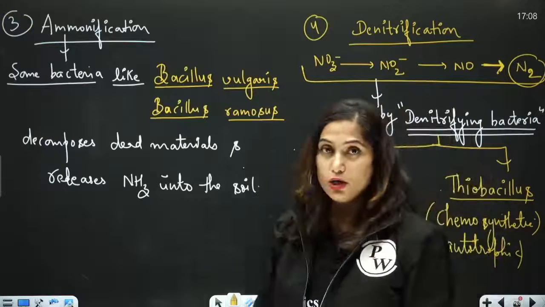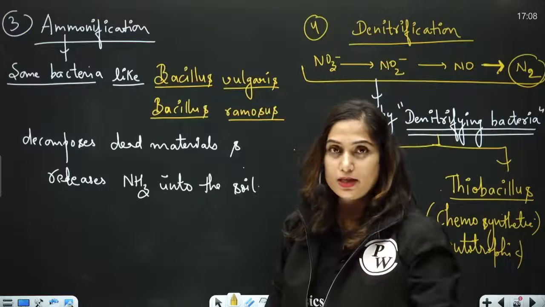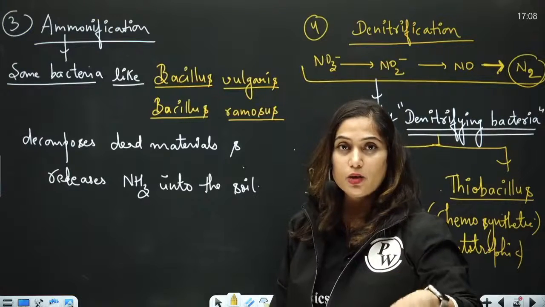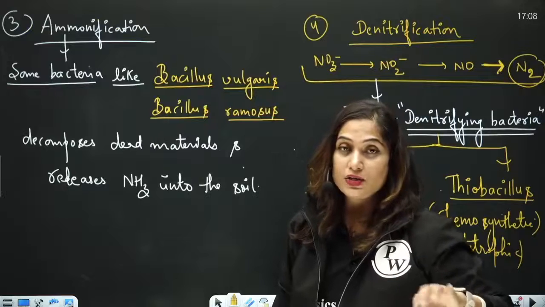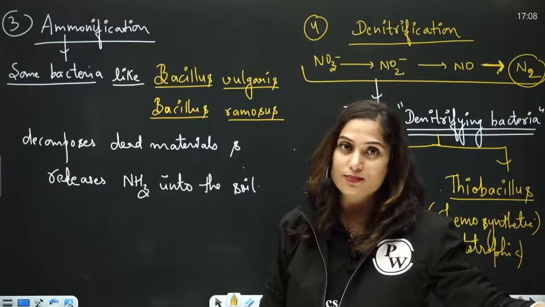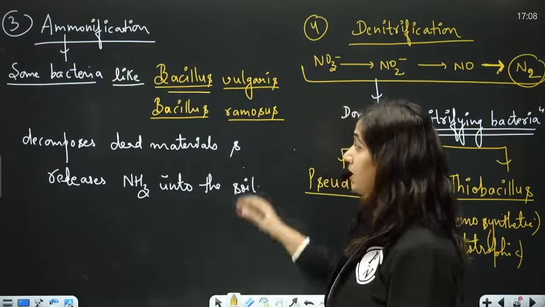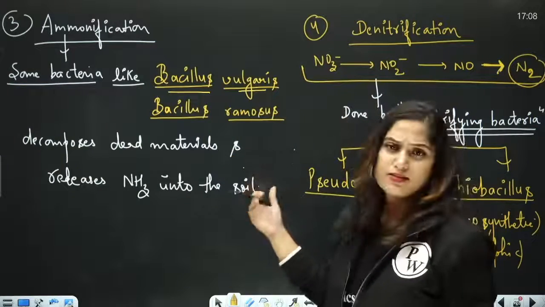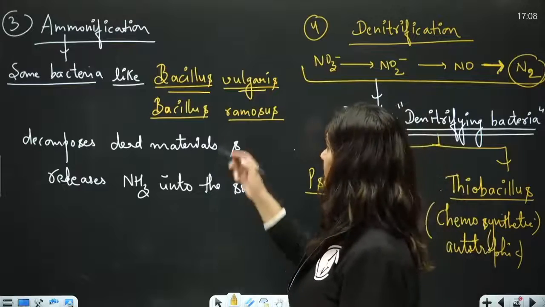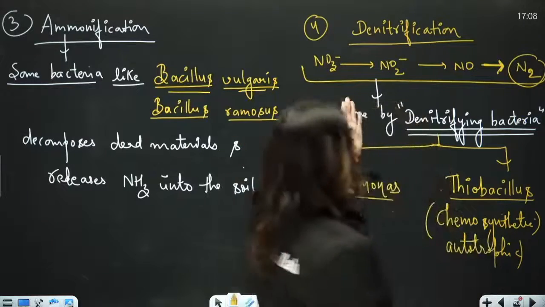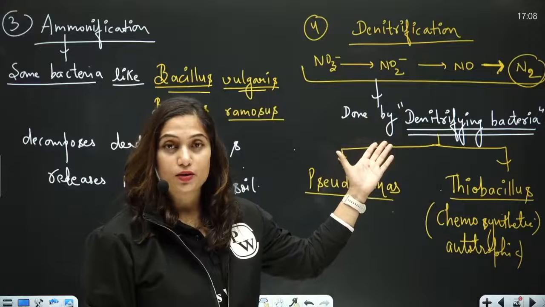Ammonification. I just told you that when the dead matter is present in the soil, some bacteria decompose that dead matter and release ammonia into the soil. That is ammonification. And this is done by the bacteria Bacillus vulgaris or Bacillus ramosus. So this is mainly done by Bacillus species. And then comes denitrification.